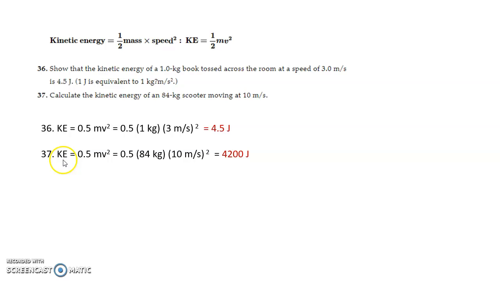So again, applying the formula, 1 half of mass of 84 kilograms multiplied by the quantity 10 meters per second squared. So this is 0.5 times 84 times 100, and that gives you 4,200 joules.